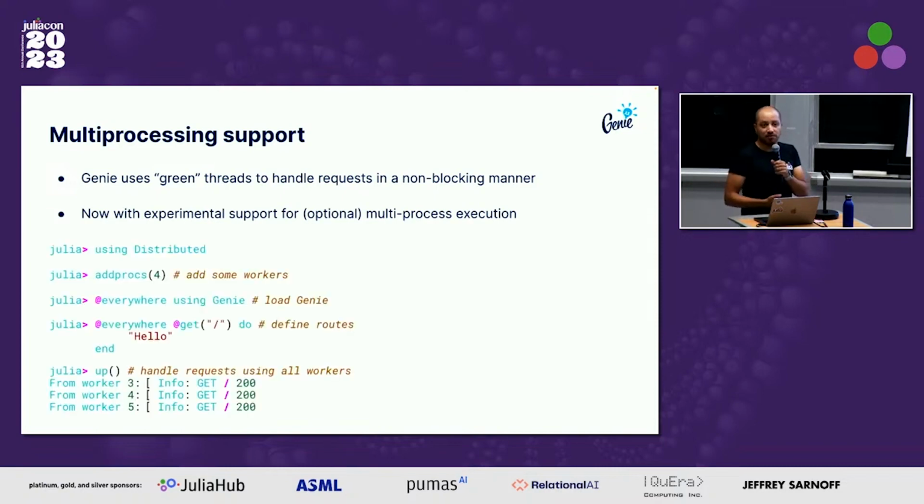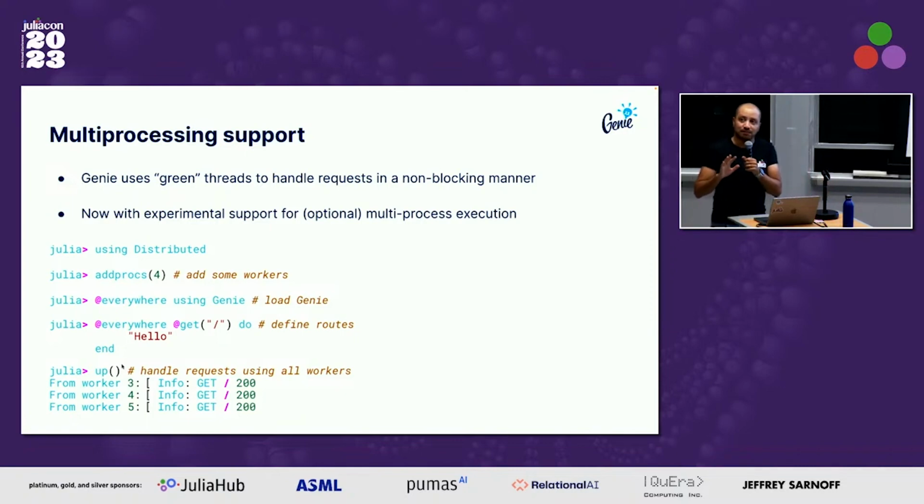This can be used very easily with the typical Julia API, where we add some workers to our application, load the Genie package into each one of them, then declare routes in each one of the workers, and after we spin up the server, all of the requests the server is receiving will be served across all of the workers.